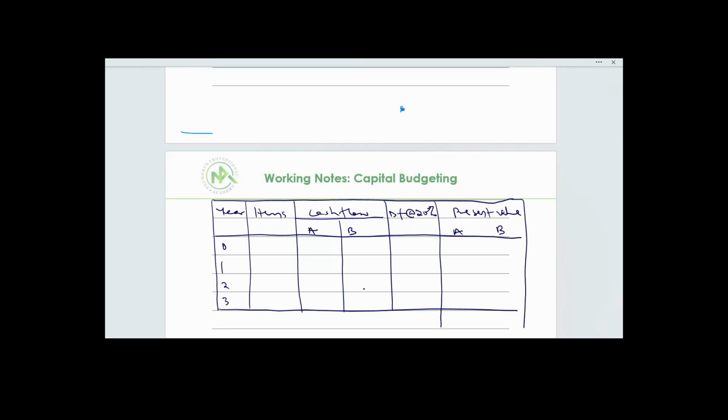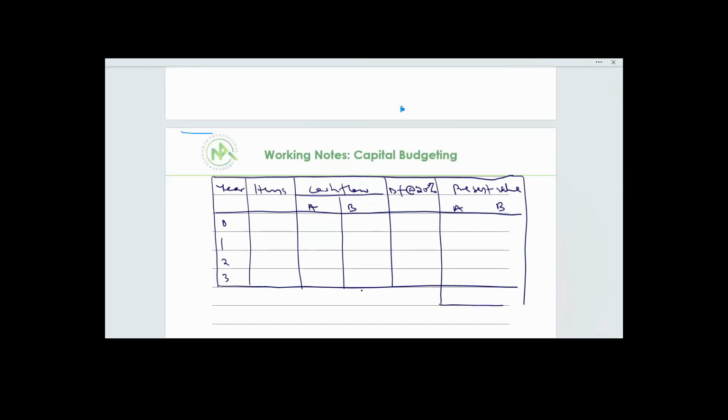Year 0, 1, 2, and 3. Net present value. Initial outlay, 200,000, 120,000.